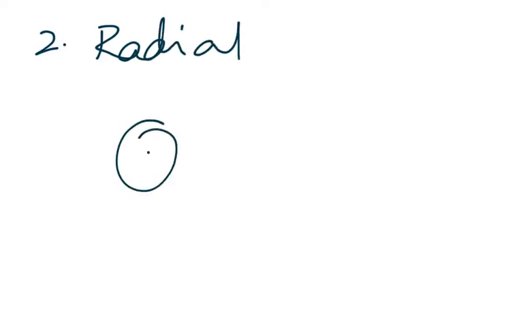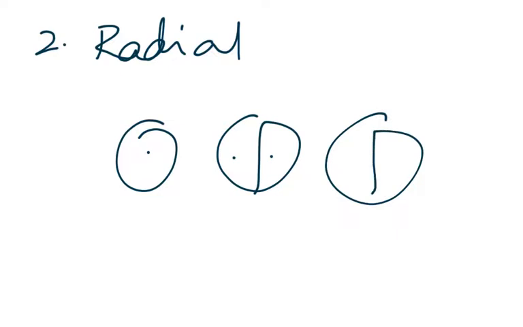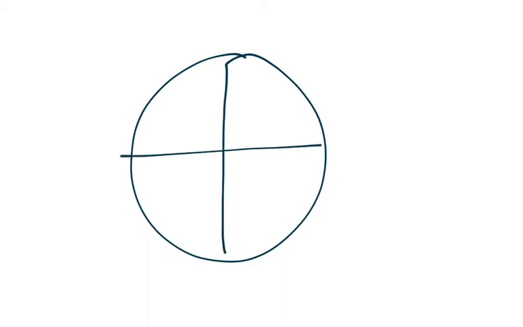Then let us see what radial cleavage is. Again zygote, 2 cell, 4 cell. From the 4-cell stage of the embryo, again there is the polar axis.